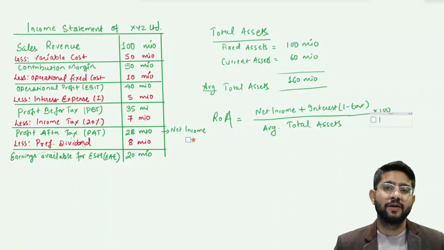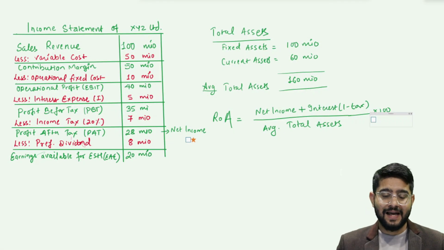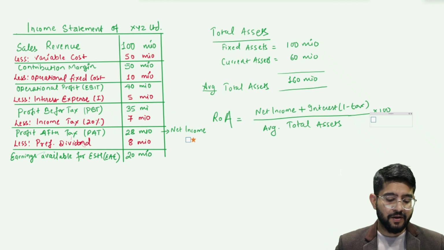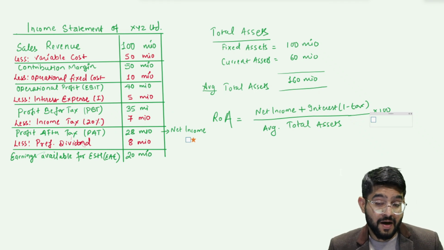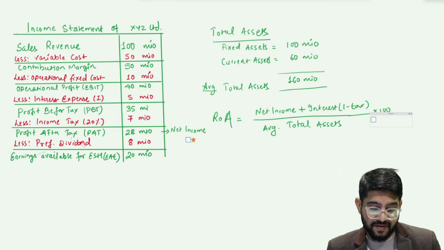Now friends, to get more understanding, let's do some mathematical calculation. As we can see on the screen, I have given you the income statement of a company, XYZ Limited. In this income statement, the sales is 100 million and the variable cost is 50 million.